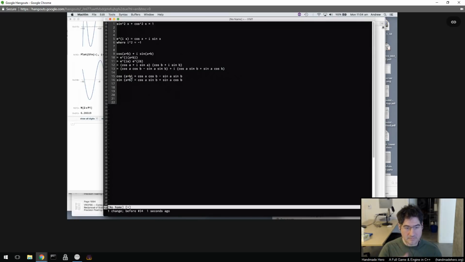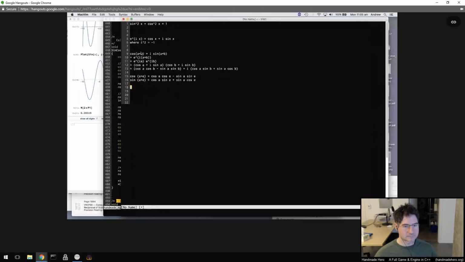So if instead of b we think of this as epsilon, a small number, then if we've got cosine of a and sine of a at a point, and we can come up with a nice polynomial approximation for cosine of epsilon and sine of epsilon that's good in a small range around 0, this formula gives us a way to calculate cosine at a point around that value. And by the way, the reason why I'm using this approach is that this code is branch free.